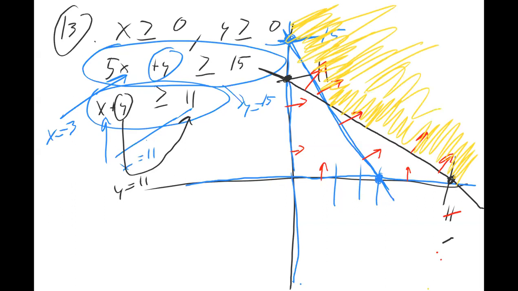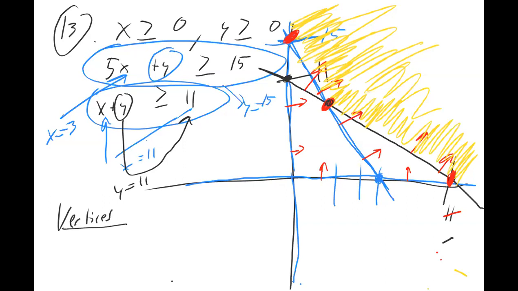Now we have to find the vertices of this region. So the vertices of this region are that first red dot, then that dot right there, and then that dot right there. Let's start from right here. If you look carefully at the graph, that point right there, that red dot where they cross, you look closely at the computer graph, it'll be crossing through 1, 8, 9, 10, 12, 110.